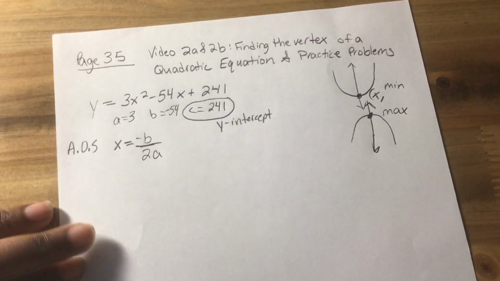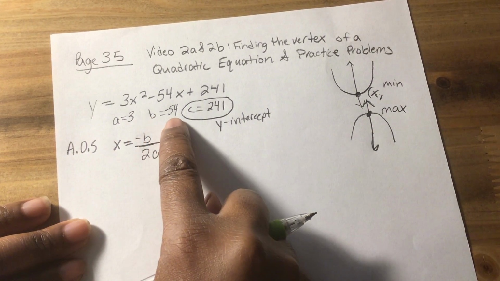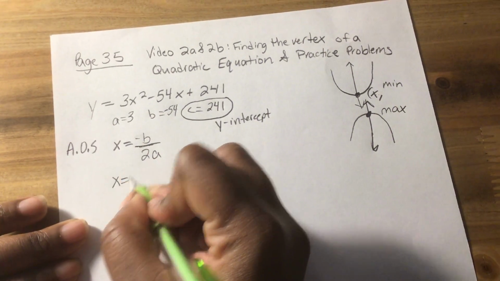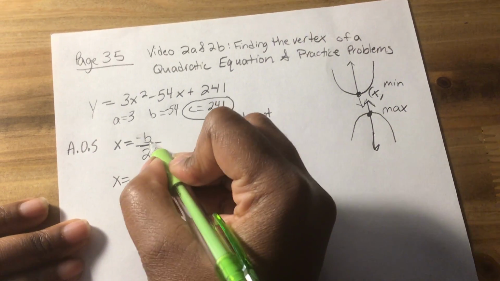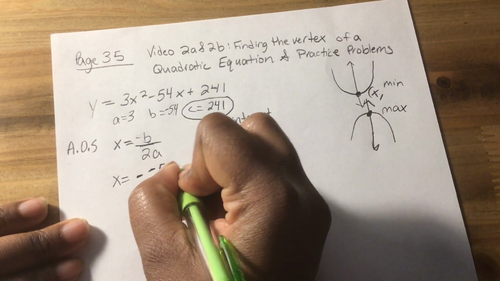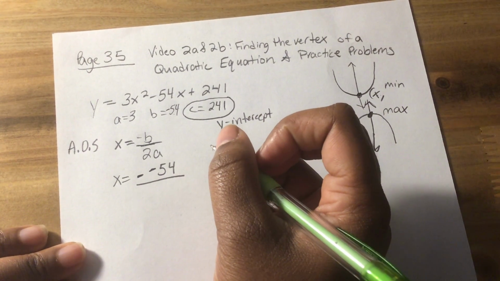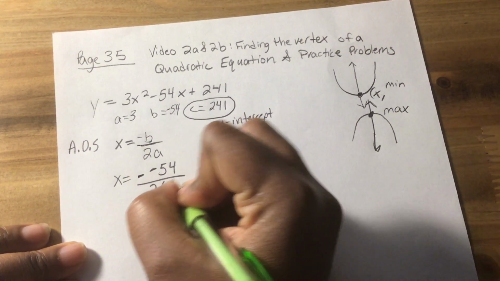So when we do this, we're going to substitute b, which is negative 54. Keep in mind, there's already a negative in the formula, and we're just substituting negative 54 in for b. So that gives you a negative negative 54. Then we have 2 times a, which is 3.